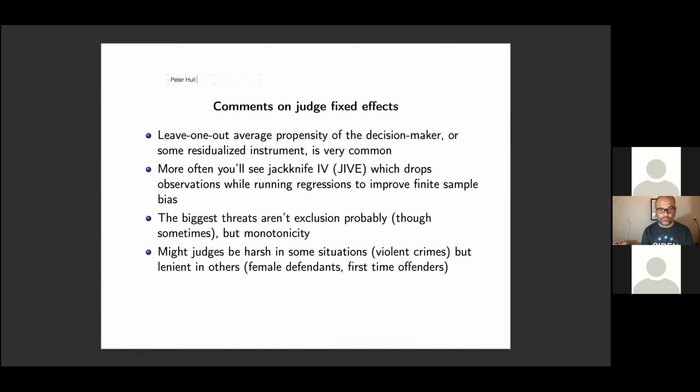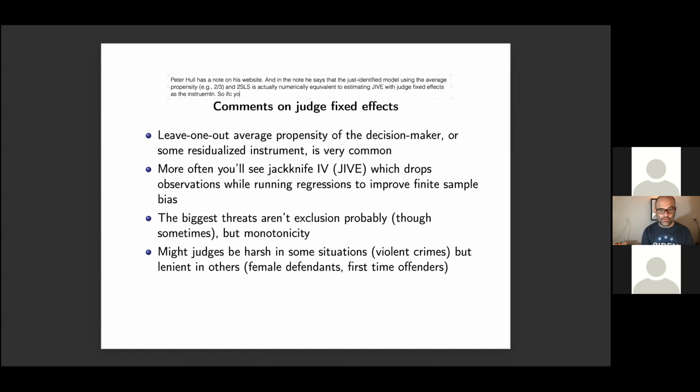Peter Hall has a note on his website, and in the note he says that the just identified model using the average propensity, e.g., 2/3, and two-stage least squares is actually numerically equivalent to estimating JIVE with judge fixed effects as the instrument, right?